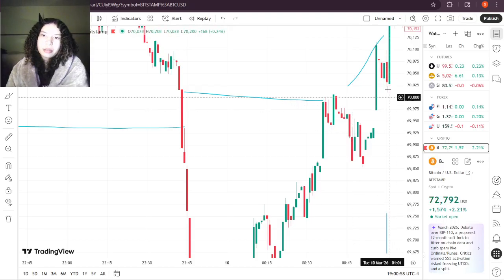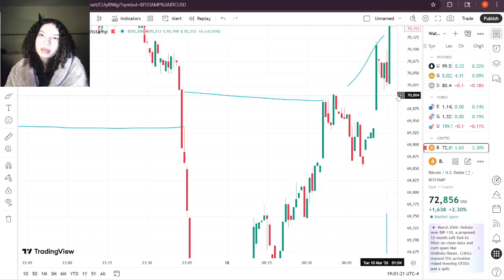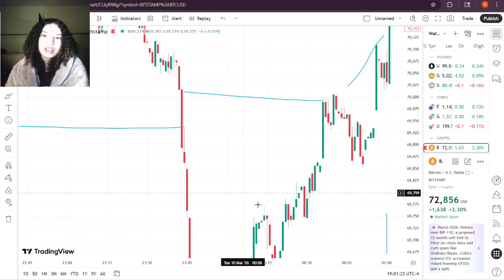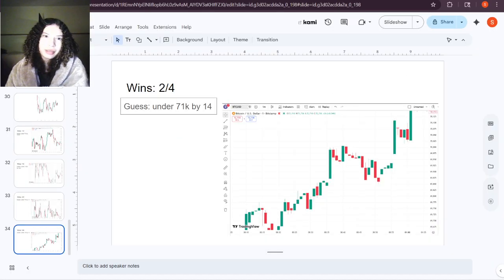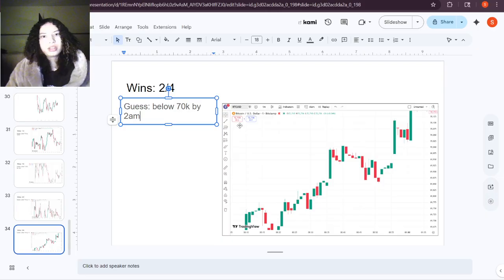If I were entering in at one and it was at 70,033, I think most of the markets that I'd want to bet in would be saturated. It would want me to bet into the 70-50 zone, but I should not do that. So I think I would pick below 70K by 2 a.m.